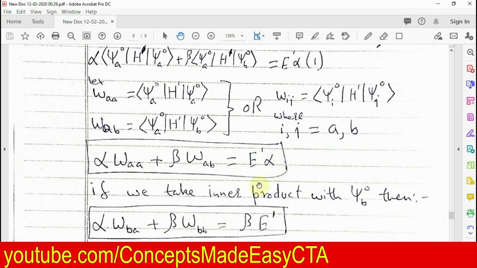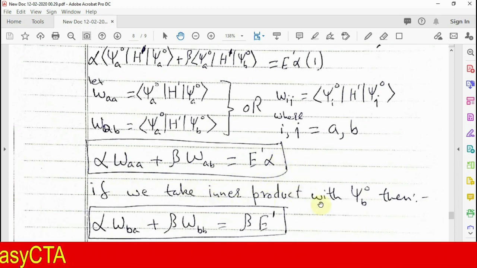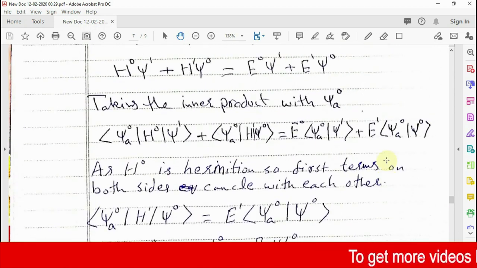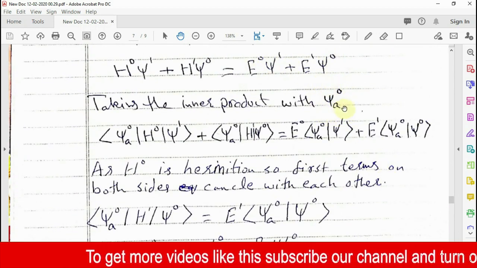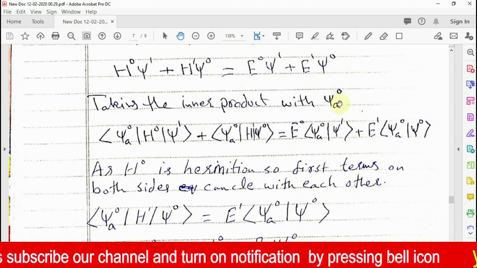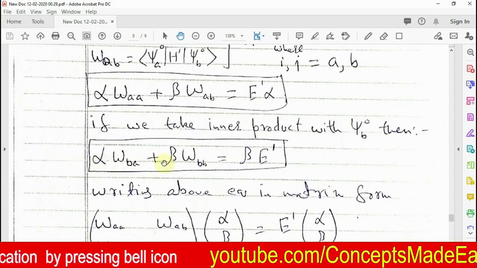So now we have written this whole equation in terms of WAA and WAB, which is equal to E1 alpha. In the same way, we have taken the inner product of this equation with psi a of 0, and then if we take the inner product with psi b of 0, we will end up with this equation.